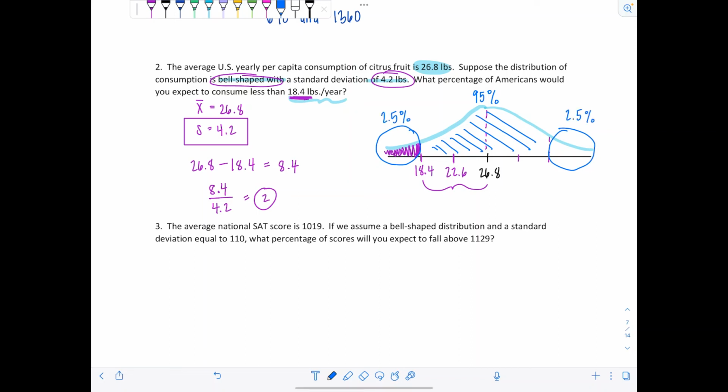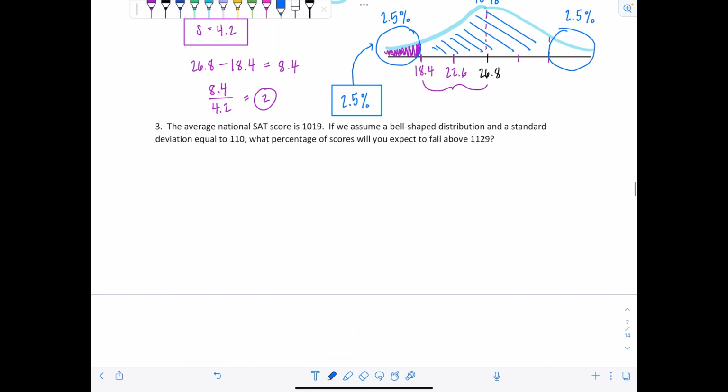So now they're asking, what percentage of Americans would you expect to consume less than 18.4 pounds per year? Well, I would expect 2.5%. And they're going to always ask it so that it works out to be 1, 2, or 3 standard deviations. Okay. Let's look at another example similar to this one.